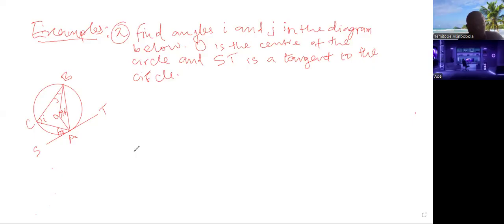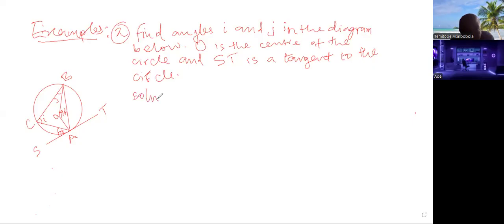Done. Okay. So what is I? I is 47. Correct. What is J? J is 78. No, it's not 78. Don't forget that it's not the whole of angle B that is J. Do you understand that now? Let me now help you.